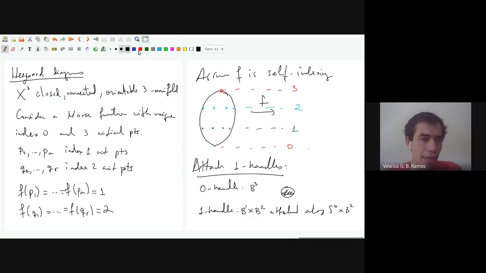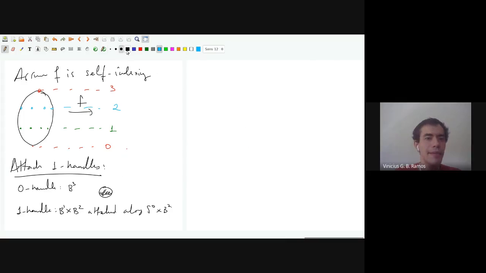So I have to choose an S0 on my 0 handle, that is, choose 2 points. Then I thicken each of them to a ball, and I glue this 1 handle.